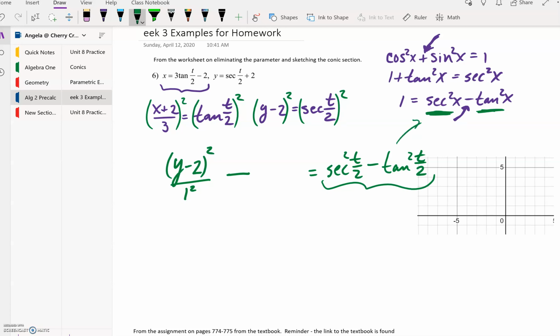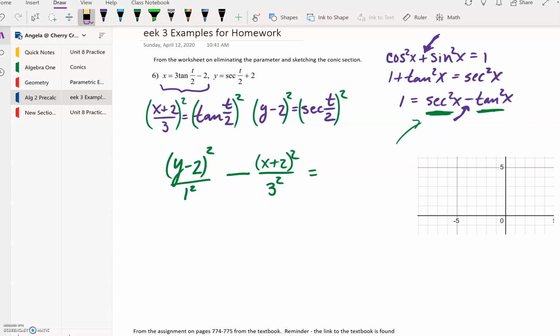Tangent squared is equal to x plus 2 squared over 3 squared, and we know this whole piece is equal to 1. So in the interest of saving some space, and because I want to get over to this graph, I'm going to replace secant squared minus tangent squared with a 1.